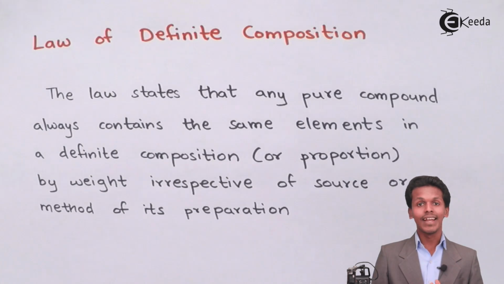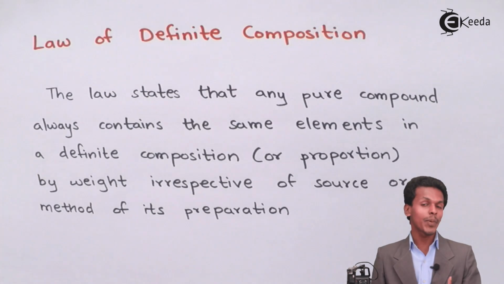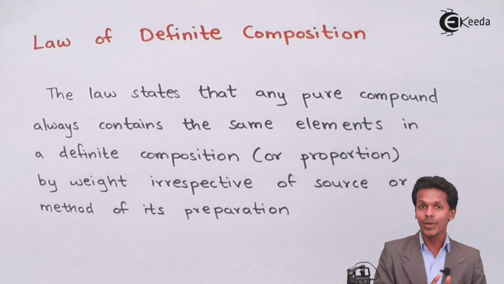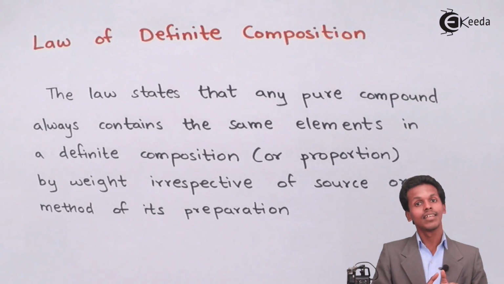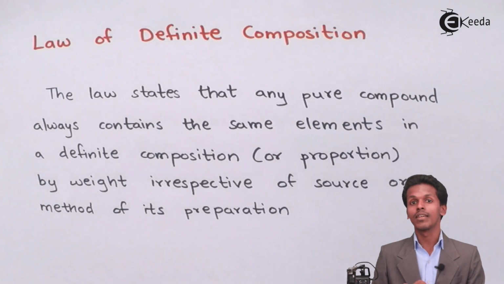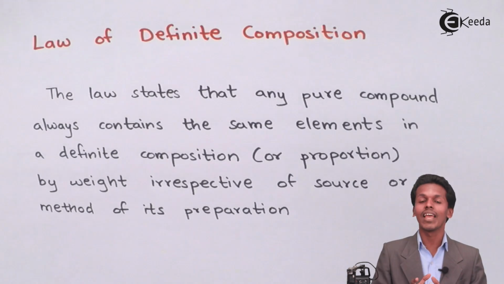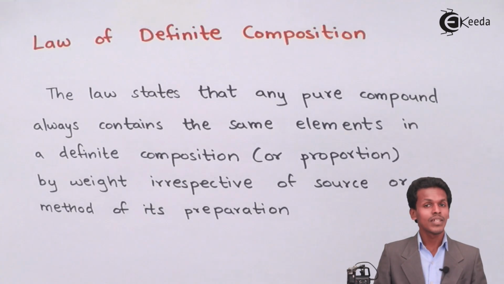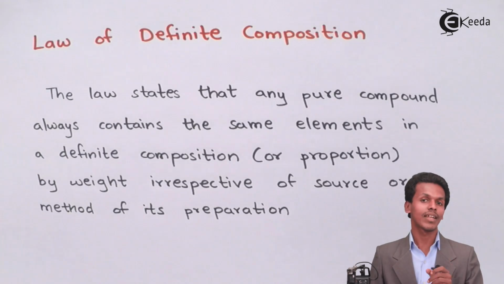If you observe that the compound you discovered and the compound you prepared have the same constituent atoms, the same number of atoms of a particular element, then both will have the same number of elements involved. So this says that a particular compound will have a definite composition or definite proportion of a particular element.